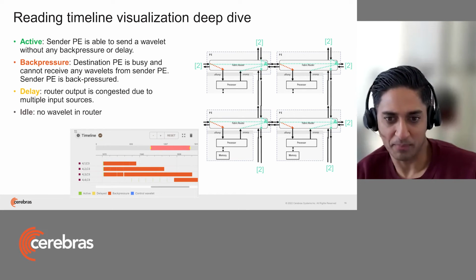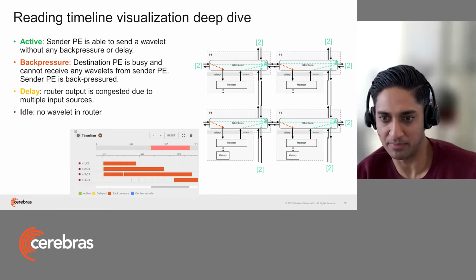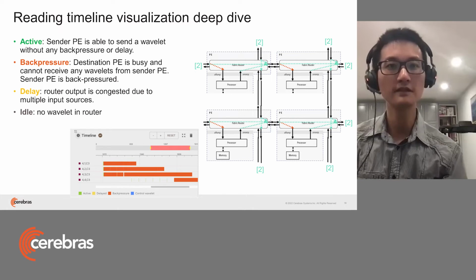Just for my education here, is the purpose then of these visualization tools to help you understand how to have wavelets flow with no delay or back pressure, and then at the same time have no processor be idle? Like ideally, you want just constant flow, right? Yeah, that's right.